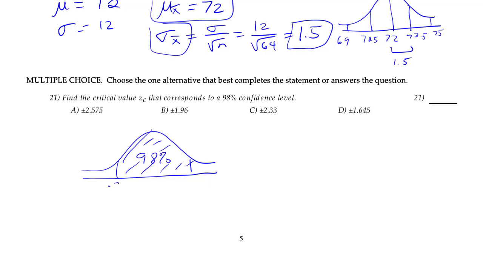So we're looking for the negative z c and the positive z c. 98% inside leaves 2% outside in the tails, or in other words, 1% there and 1% there. But again, we want to go to the decimal 0.01. And so really I'm going to find out what the z value is at that point, and then just take the positive version of that.